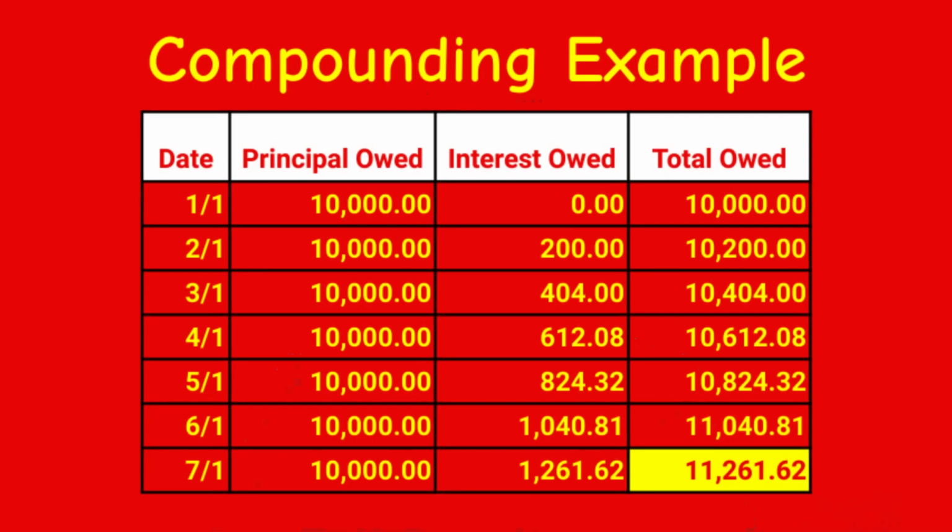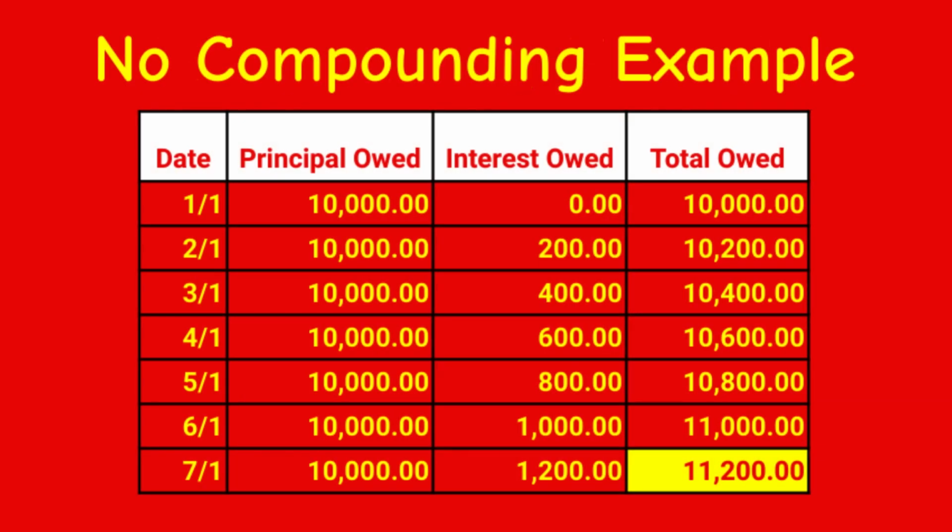Now, let's look at the same example, but let's assume we didn't repay the interest or the amount owed for a period of 6 months, and the interest compounded monthly. Here, you'll see that the interest has grown to over $1,261 through 6 months. What would this interest amount be with no compounding?